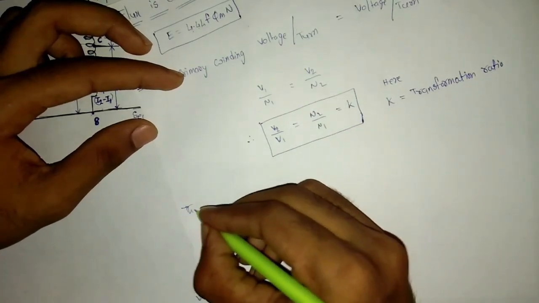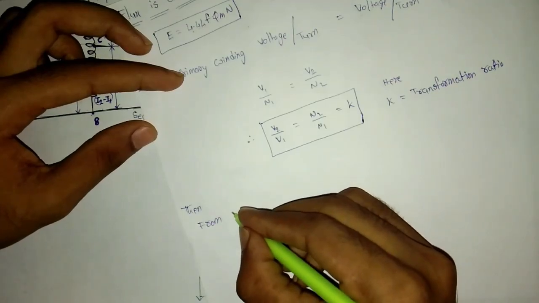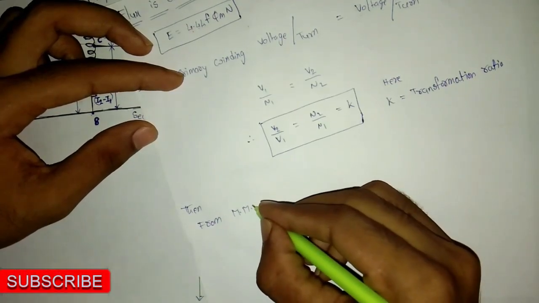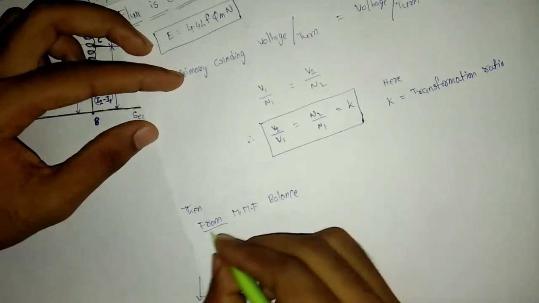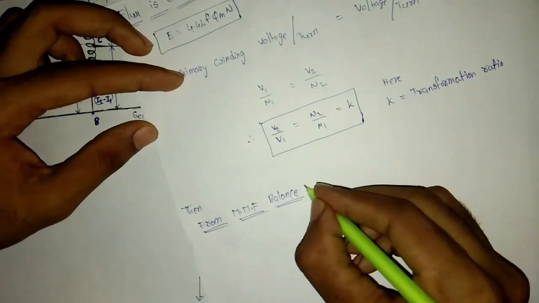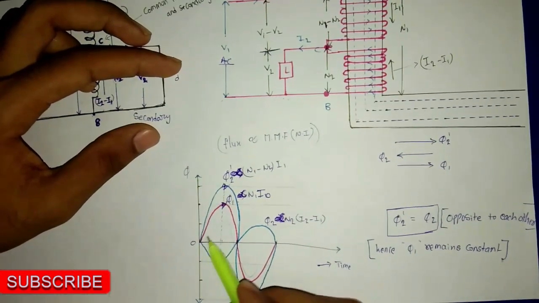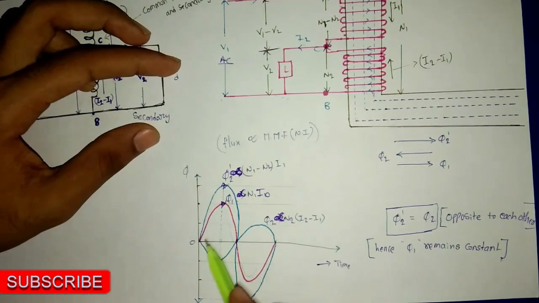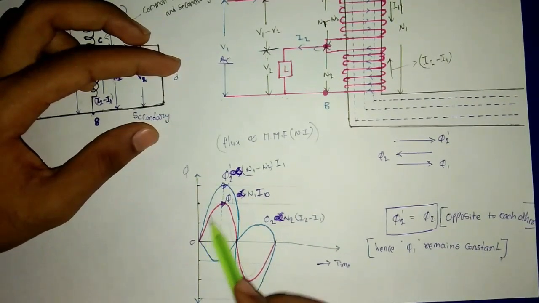Then from MMF balance, let's see. When we apply alternating voltage to the primary, then current I1 flows in the primary winding.